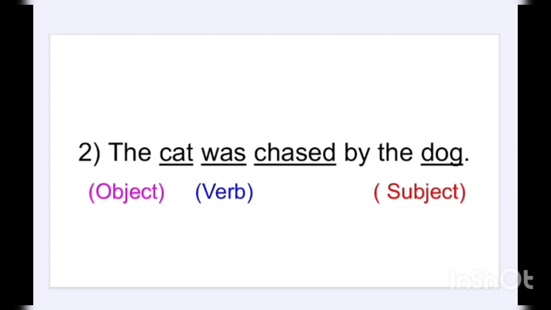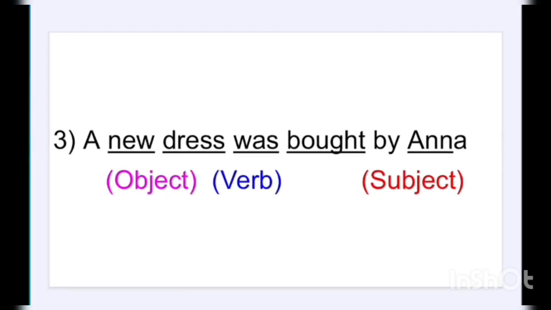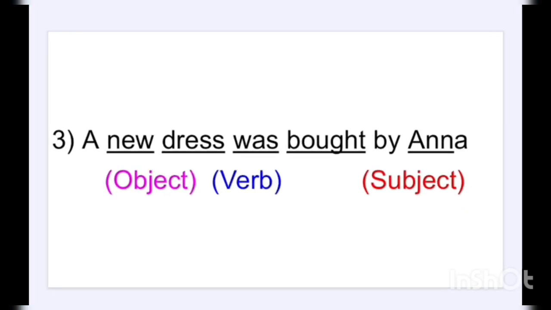The cat is object, was chased is a verb, and dog is the subject. A new dress was bought by Anna. New dress is the object, was bought is verb, and Anna is a subject.